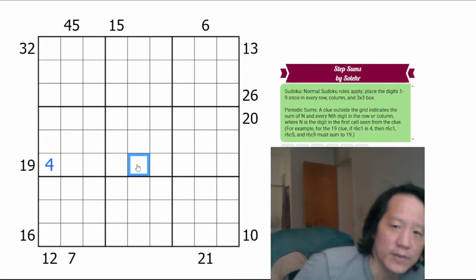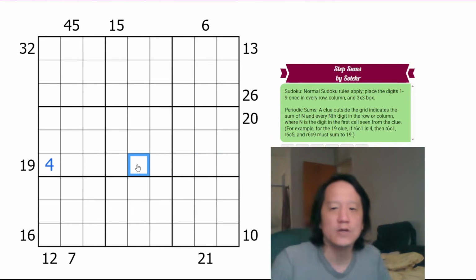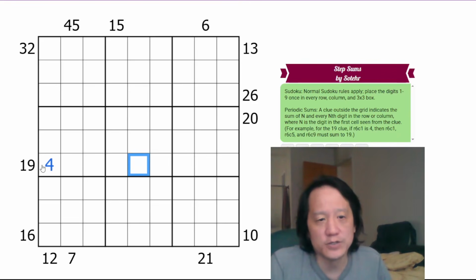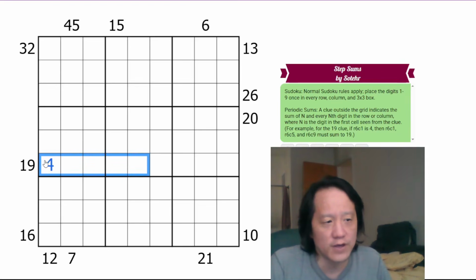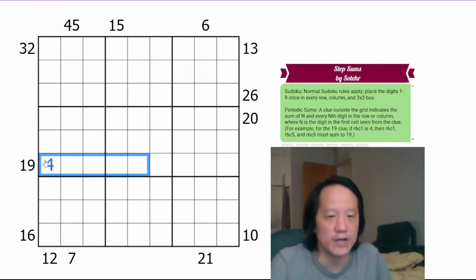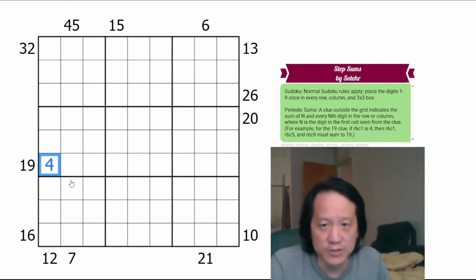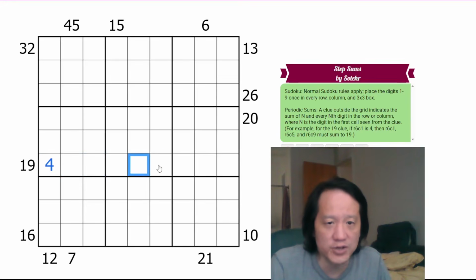Okay. So the clue outside, if this is a 4, that means it's in steps of 4 that you have to add up. So it's the first one plus 4 cells along, which would be 1, 2, 3, 4, and then plus another 4 cells along, 1, 2, 3, 4.